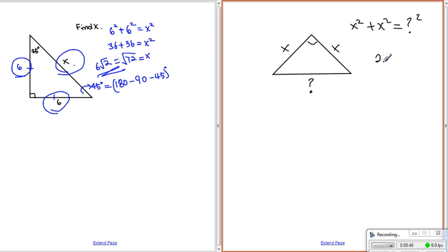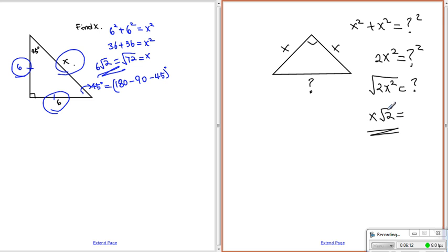And we will have here 2x squared equal to question mark squared. When you take the square root of both sides, question mark must be equal to the square root of 2x squared. Of course, 2 cannot come out because it's not a perfect square, but x could. Hence, this one will be equal to x square root of 2.